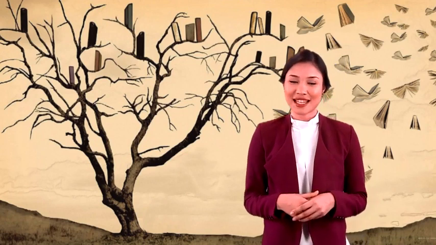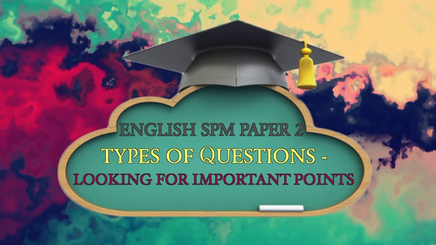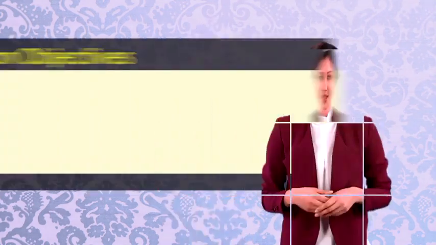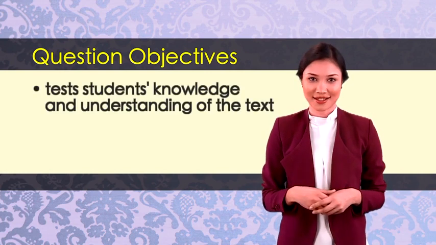Next, we will analyze the types of questions that appear in this section. In addition, I will also share some strategies that you can use when answering these questions. The first few questions are pretty straightforward, as students are only required to lift the answers directly from the text. This type of question usually tests students' knowledge and understanding of the text.